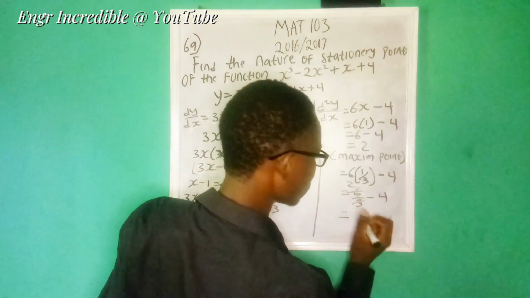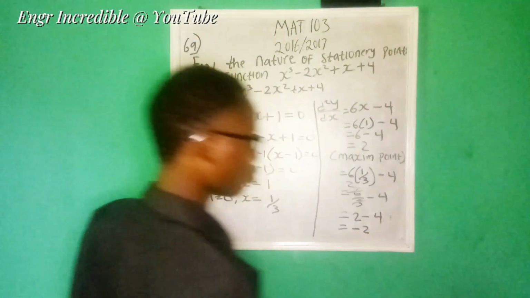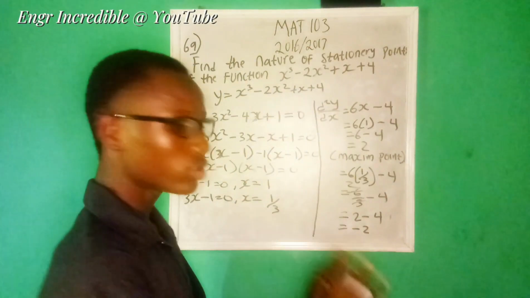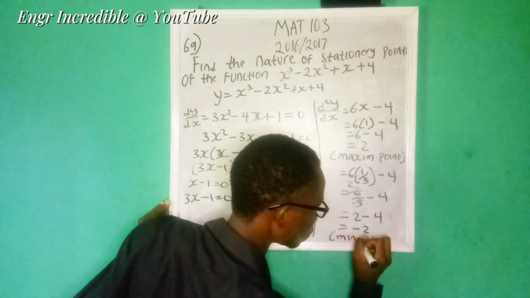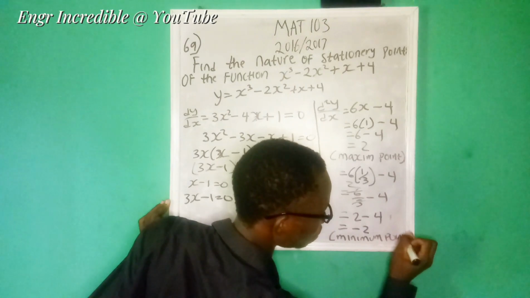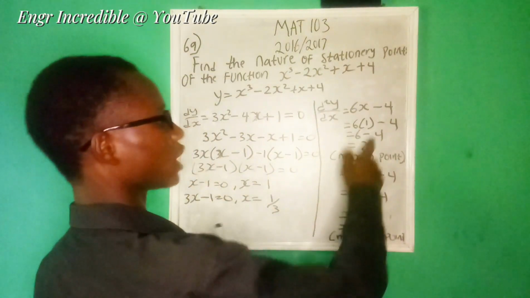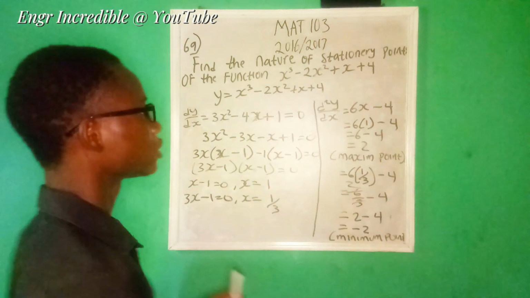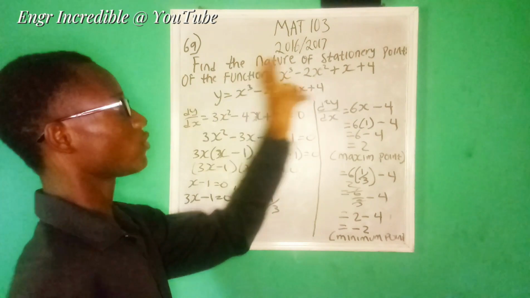So we automatically have 2 minus 4, which is equal to minus 2. Now from here we know that this is the minimum point. We know that minus 2 is the minimum point and 2 is the maximum point. So that is the nature of the stationary points of this function.